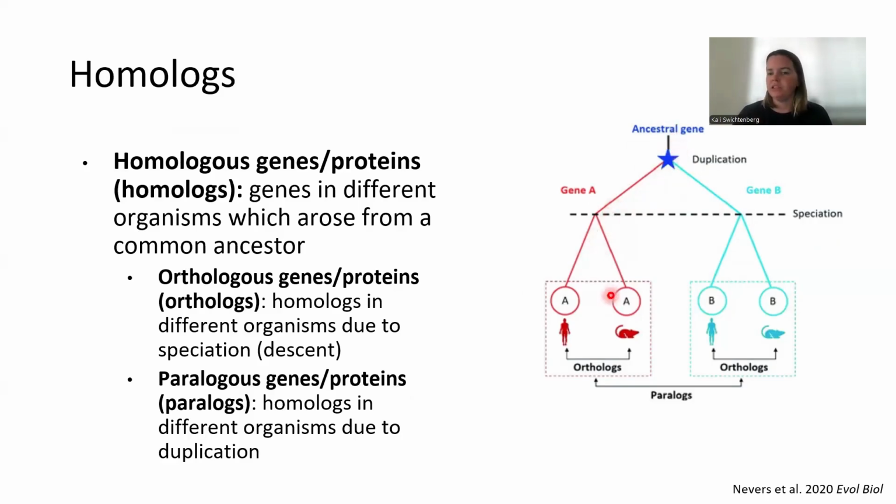And then each one of those genes went through speciation. And so now we have gene A in our organisms and gene B in our organisms, both in humans and in mice, right? So now gene A and gene B are going to be paralogs because they are in the same organism, but we have multiple duplications of that same gene.